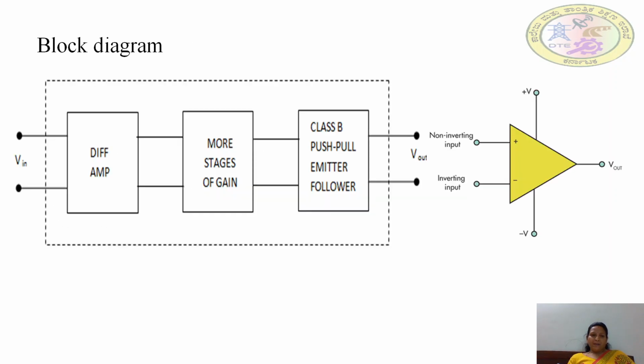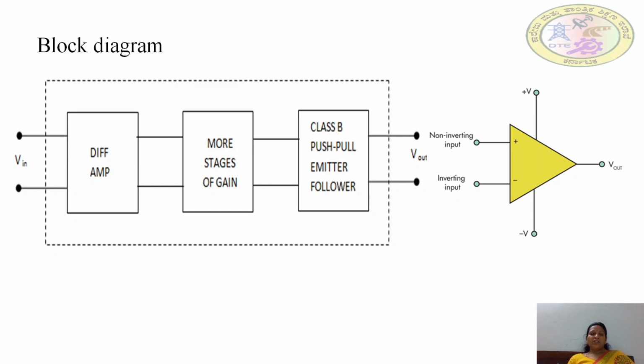So an operational amplifier consists of an input stage, which is a differential amplifier with two inputs and balanced output, and an intermediate stage. In the intermediate stage you again have one more differential amplifier and also a level shifting stage.